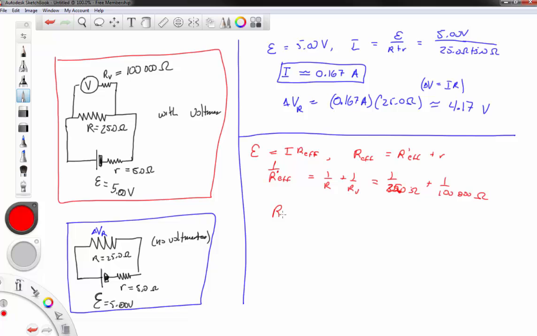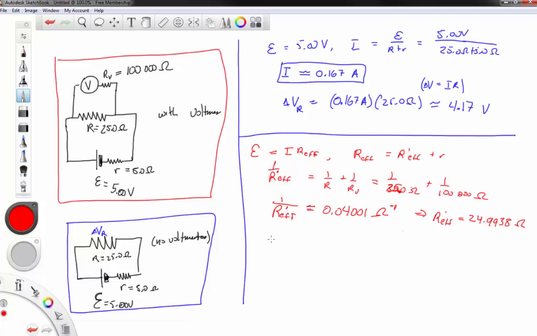Basically, 1 over R effective prime is going to be about 0.04001 inverse ohms. And if you take the reciprocal to get the actual effective resistance, you will get R effective prime is 24.99375.